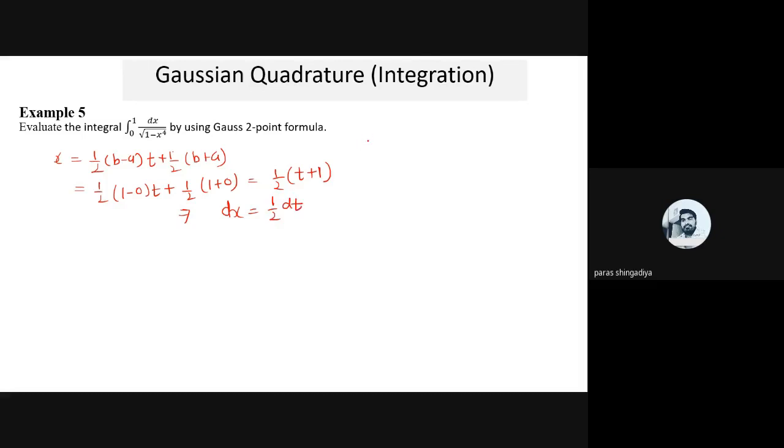Clear? Then change the limit: when x is equal to 0, you will get t is equal to minus 1, and when x is equal to 1, t is equal to 1. You can easily verify it, and you will get the same limits, minus 1 to 1, by using x is equal to 1 by 2 (t plus 1).